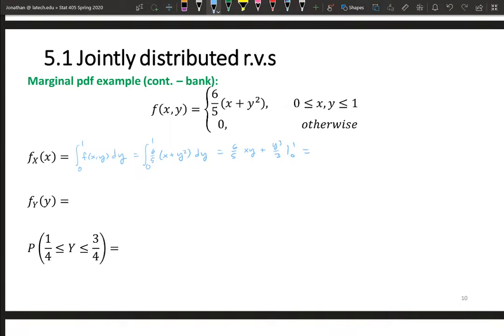If we plug in, we should make sure we know that this is y equals 0 and y equals 1. This is going to be 6/5 times, let me leave it in parentheses, x times 1 plus 1 over 3 minus 0 plus 0. It's going to be 6/5 x plus 2/5.